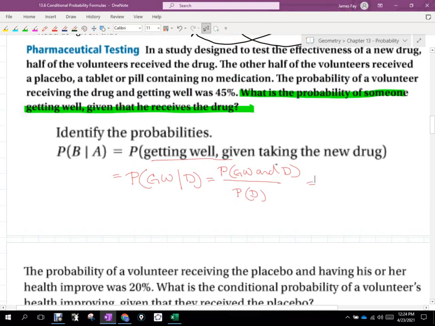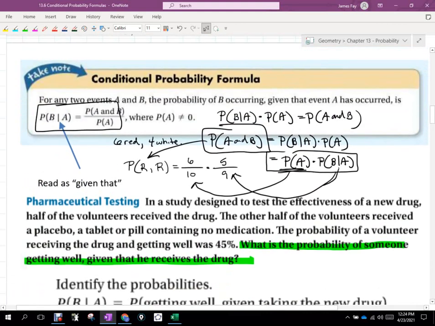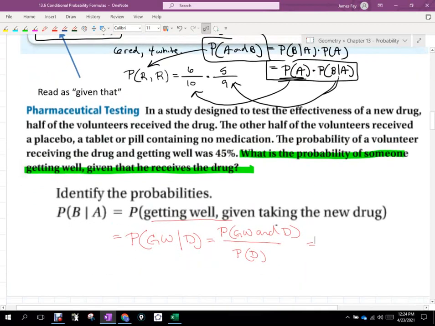Does that say exactly this right here? Received the drug and got well. We also talked yesterday that when I say P of A and B, that can be reversed as the probability of B and A. It's kind of a two-way street there. So, received the drug and got well, 45%. So 0.45 is that numerator.